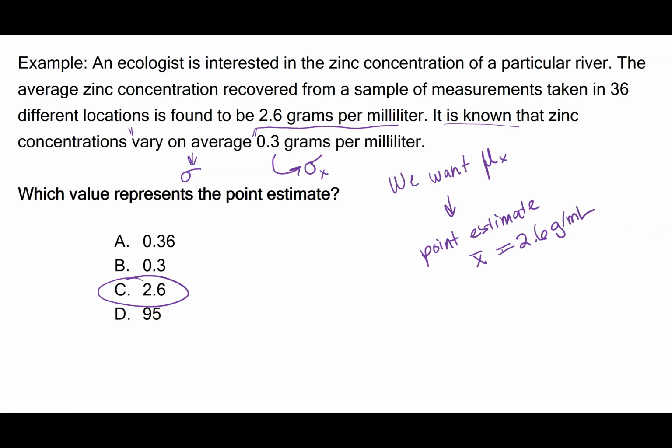So right here. Typically we like to throw in units, but for this problem it's not a huge deal. So if I want to figure out the average zinc concentration for this entire river and I have this sample data, my best place to start is going to be 2.6 grams per milliliter. It's better than a wild guess.